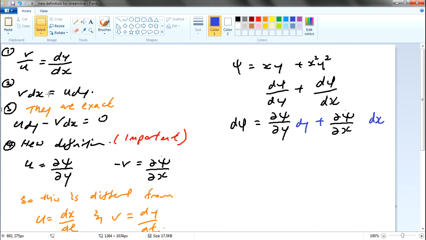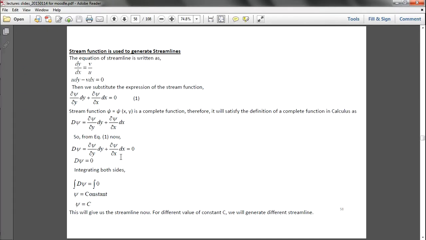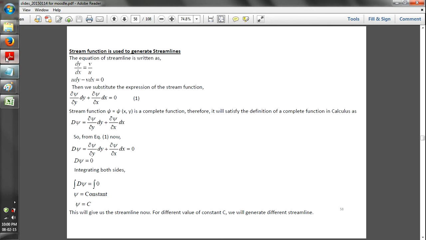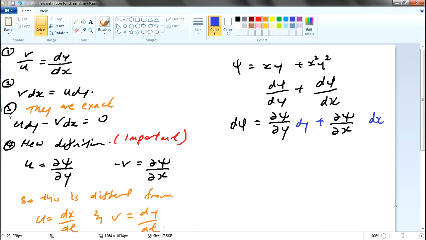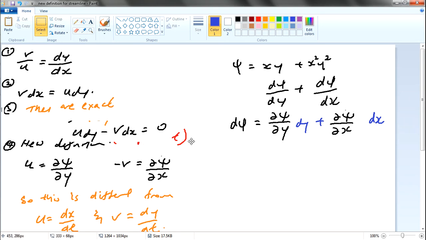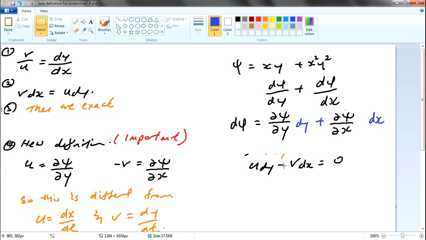So my part over here now is, since we know that this is equal to 0 and this is equal to dΨ, this thing is equal to this thing. Because if you substitute u over here, this is u and this is minus v, and they are the same thing.